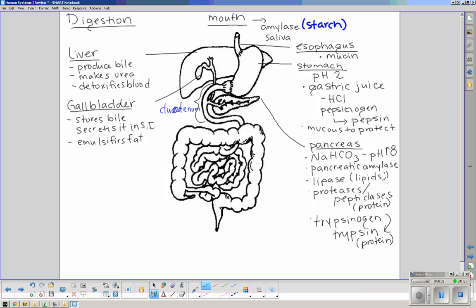The actual small intestine wall also has secretions that support digestion. In the middle here is the small intestine. What occurs here is complete digestion. So every macromolecule is broken down into its monomer for absorption.